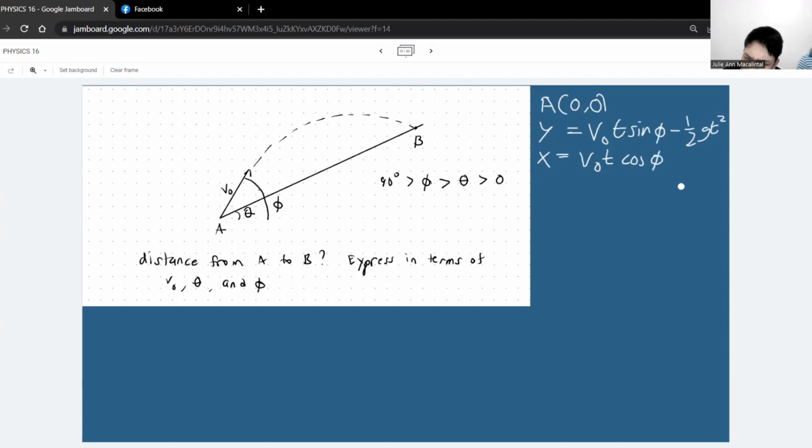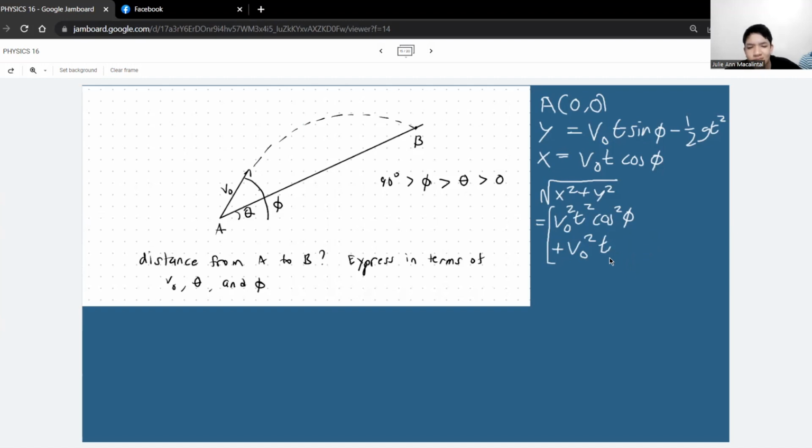Teka, bakit may square root of x square plus y square ka dyan?